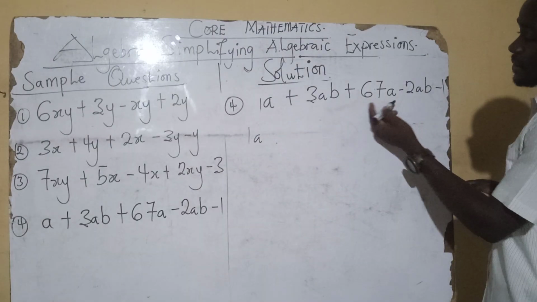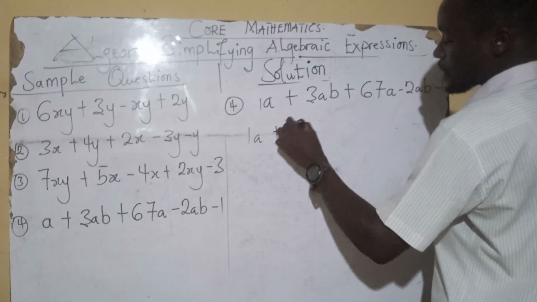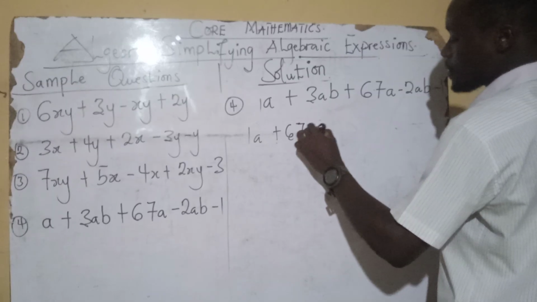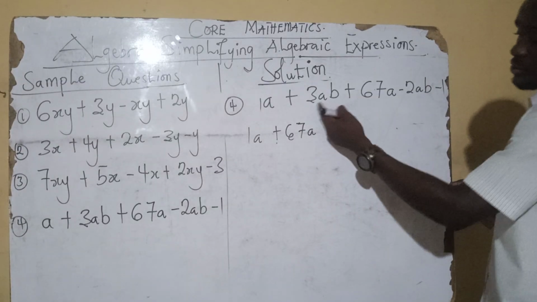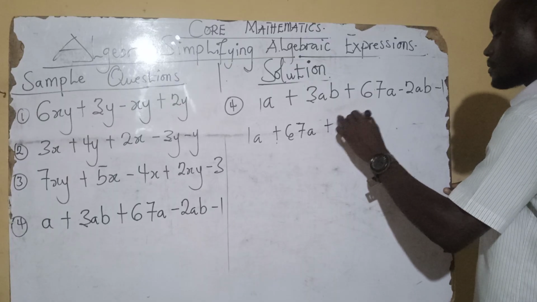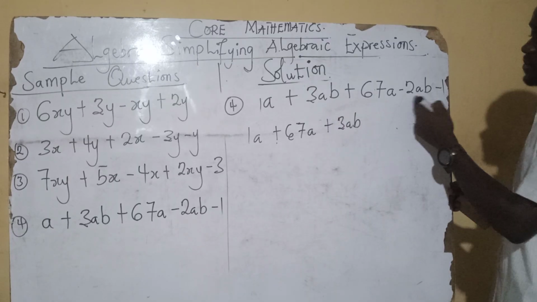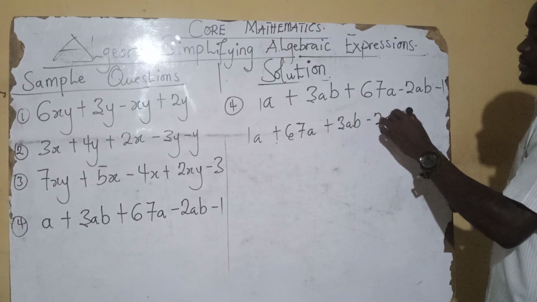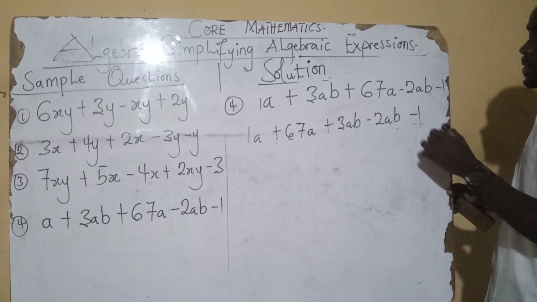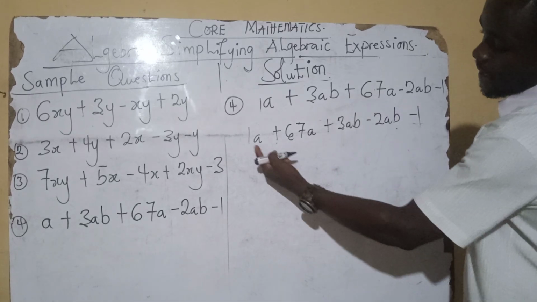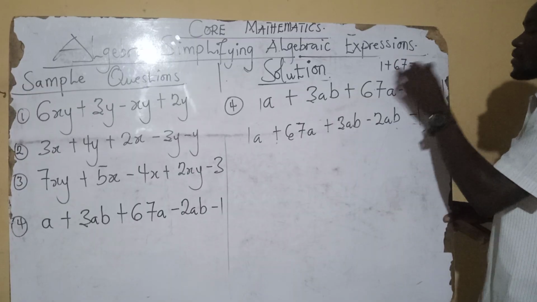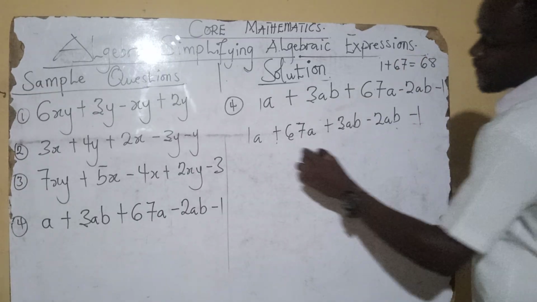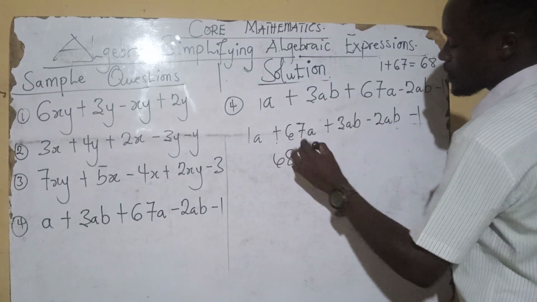The like term is this, which is plus 67a. Then do I have any other term there? No. So I'll continue from here, plus 3ab, then minus 2ab minus 1. So I'll add 1 plus 67, and I'm going to get what? 68. So I'll get here 68a.